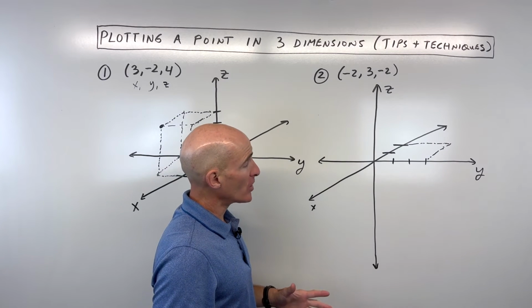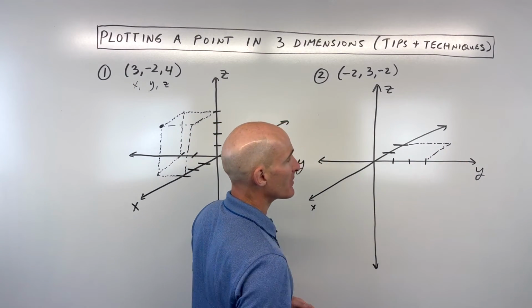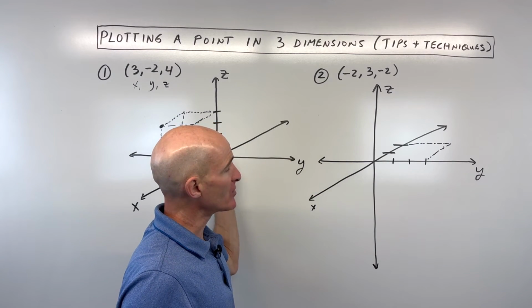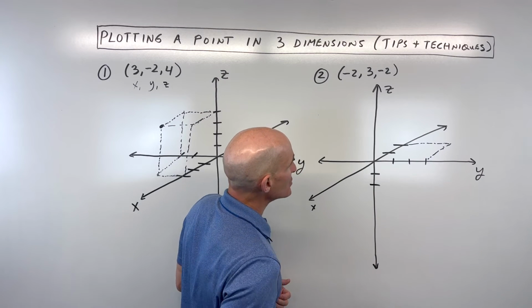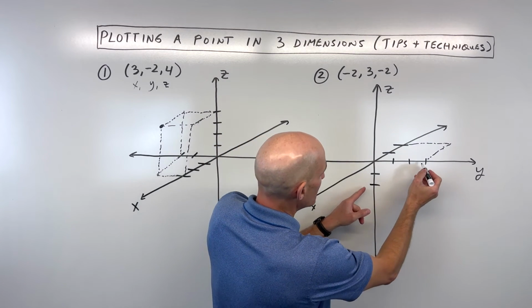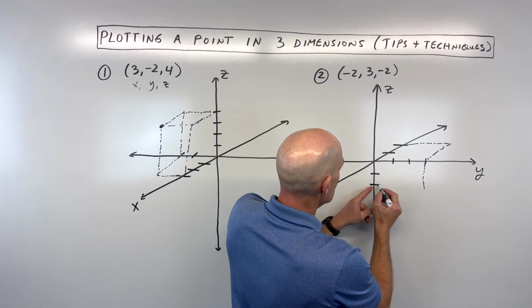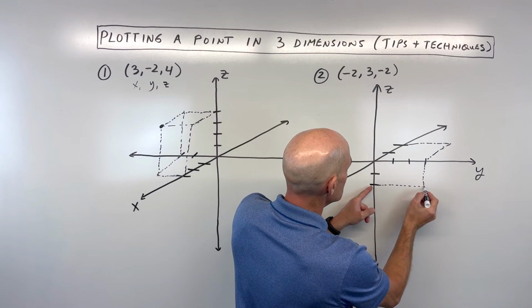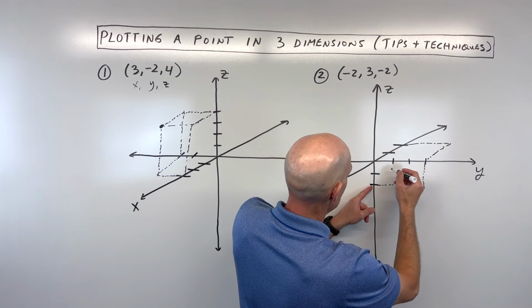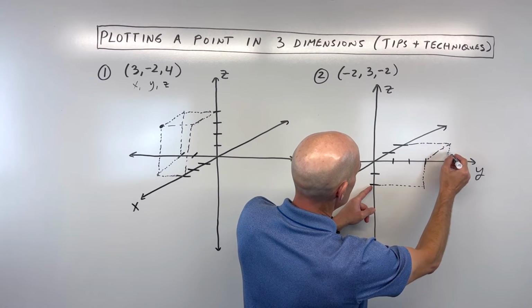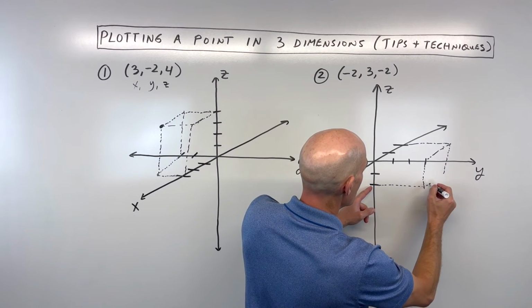Now some books will illustrate this by just drawing a dotted line down 2 units. But I like to take it a step further by drawing a prism like we did in example 1. So down 2 in the z direction looks like that, right? Right here, I can go down 2 units, come over here like this. Same thing here, I could bring this down like this. Again, see how the opposite sides are always parallel to each other.